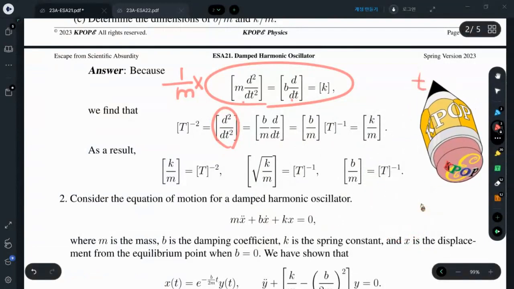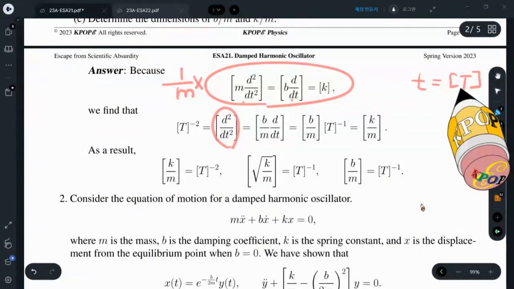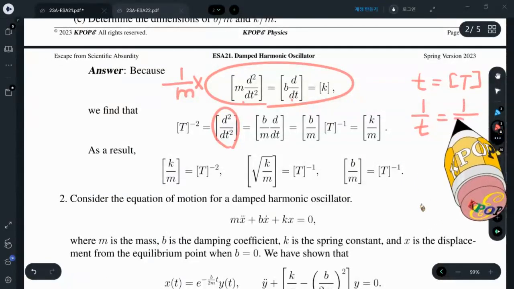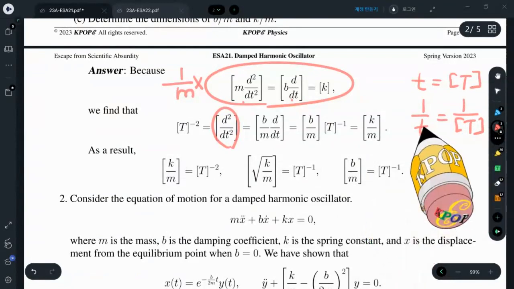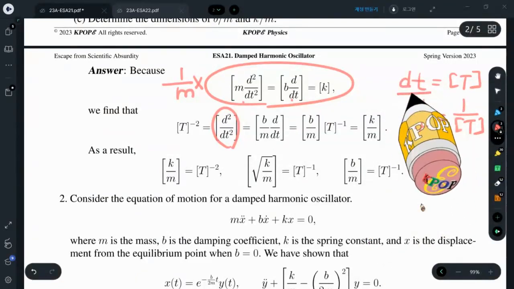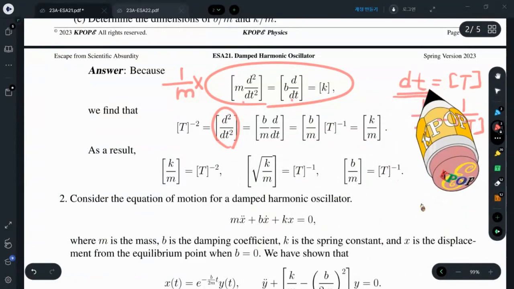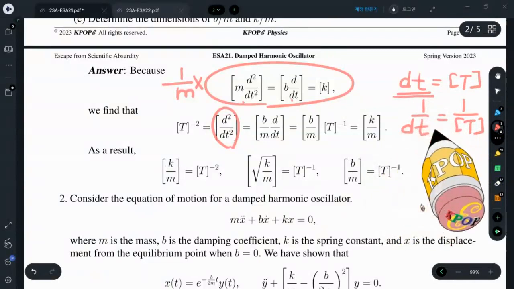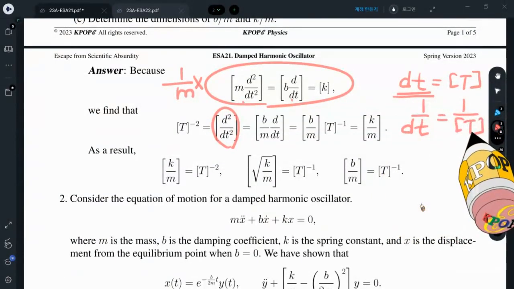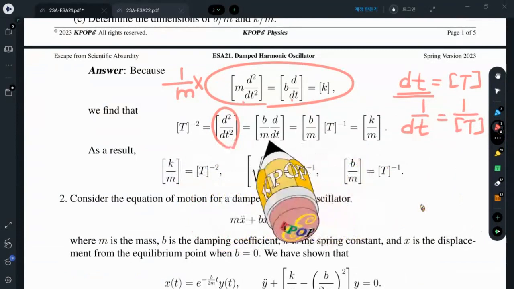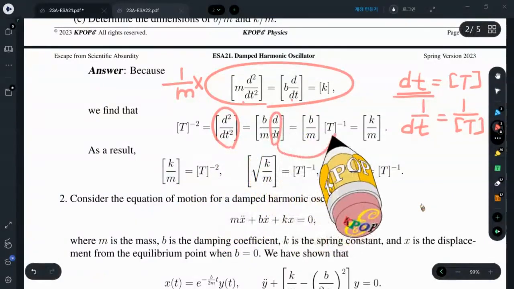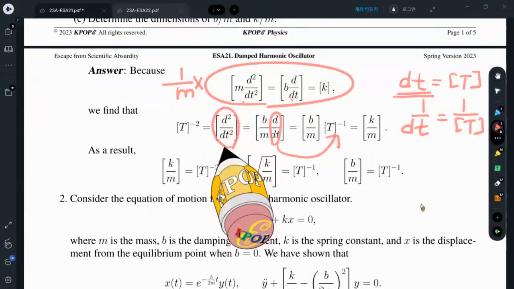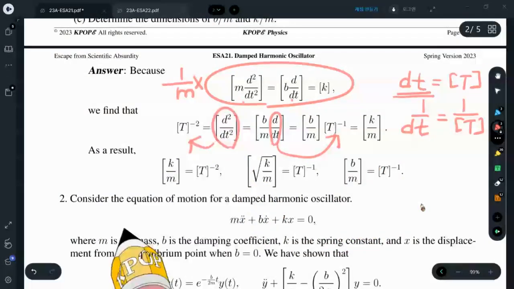We know time has the dimension of time, and 1 over t is 1 over t. What's the change in time? Change in time also has this dimension. 1 over change in time, the same dimension. Therefore, each derivative operator has a time reciprocal, and the second order time derivative, 1 over t squared.